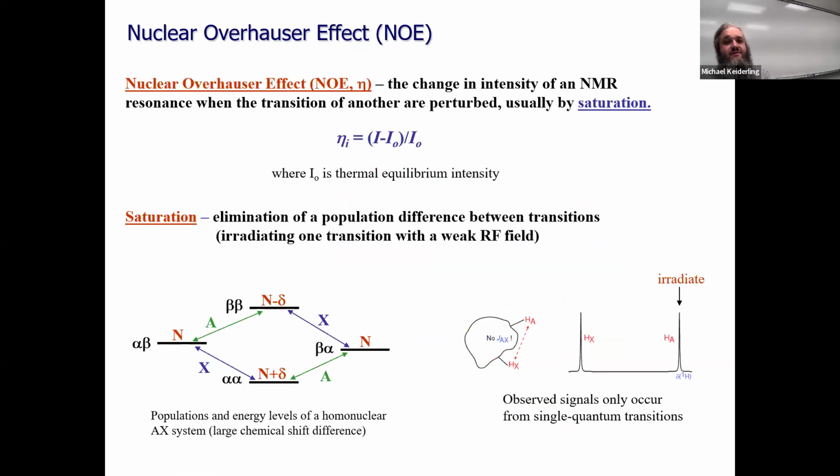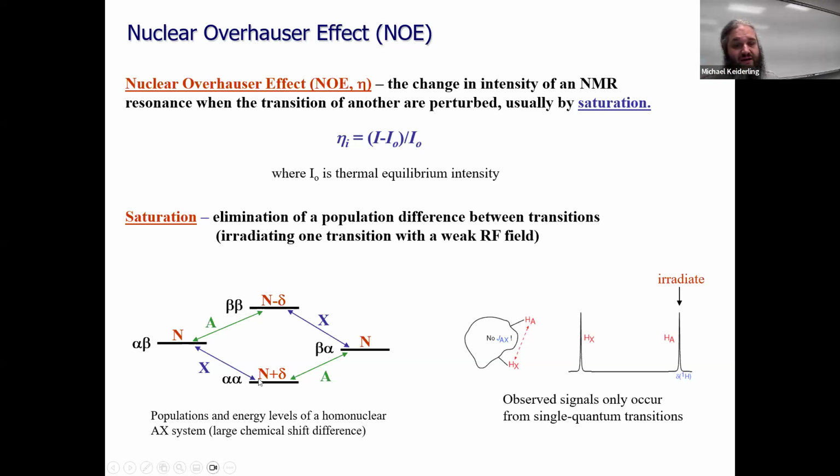So it's the change in intensity of an NMR resonance when the transitions of another get perturbed, usually by saturating them. So you're looking at carbon and then you saturate the hydrogen and see how that changes. So you can eliminate a population difference between transitions by irradiating one transition with a weak RF field.